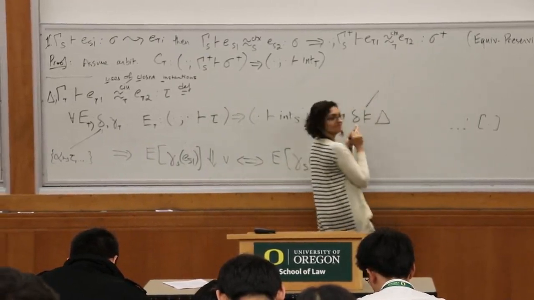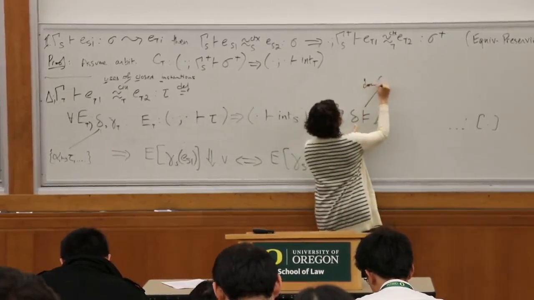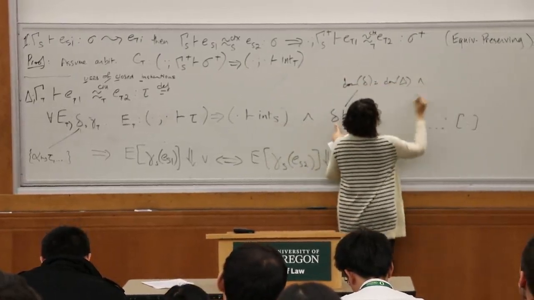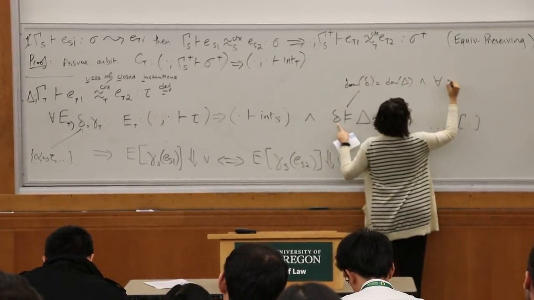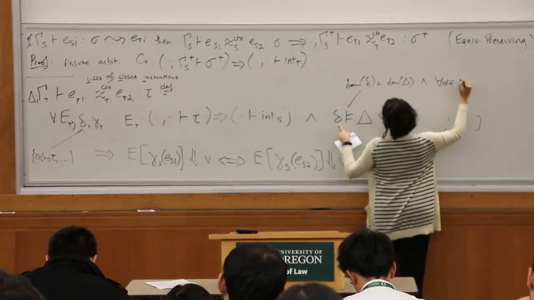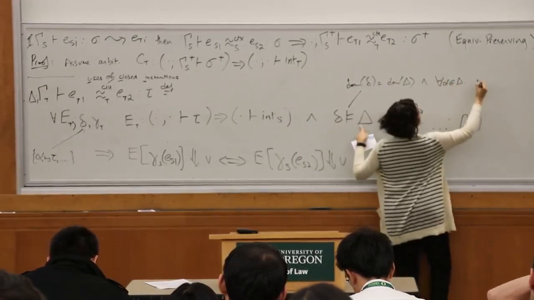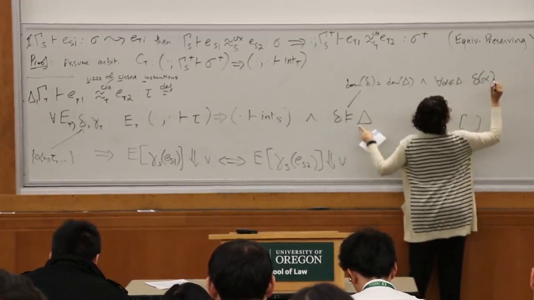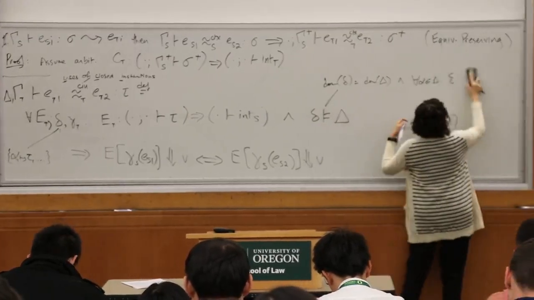Should I write it out? Basically, it says that the domain of little delta is equal to the domain of big delta, and for all alpha in delta, it must be the case that delta of alpha is a valid closed type.